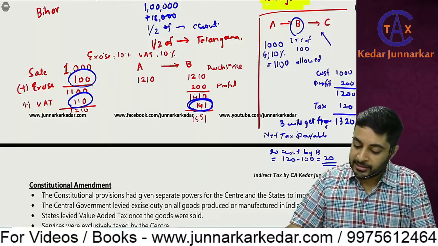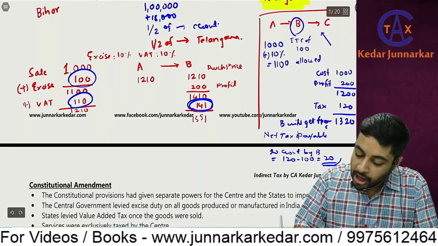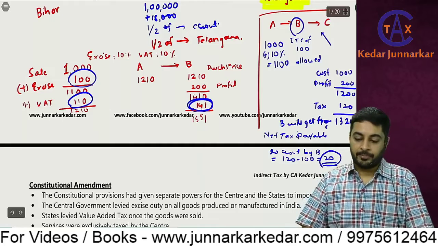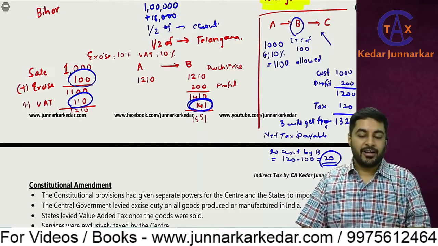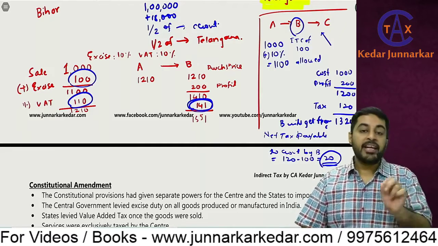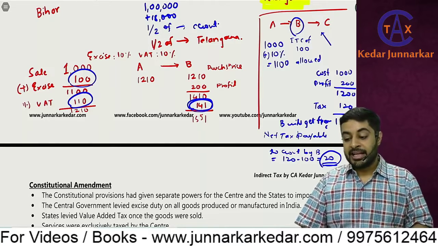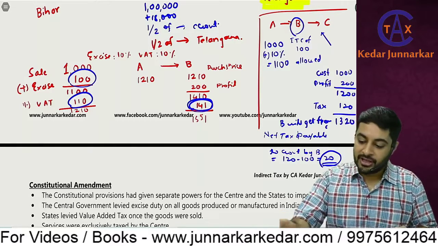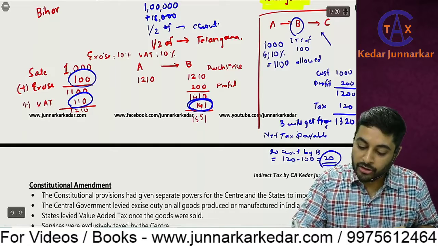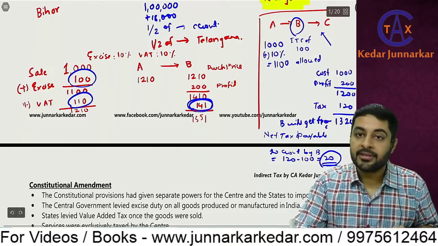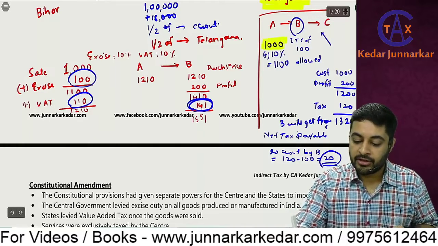So in this case, effectively, on how much value has B paid tax? If total net tax paid is 20, 20 divided by 10% means 200. He has paid tax on only 200. So see, the sale price by A to B is 1000, means purchase price.